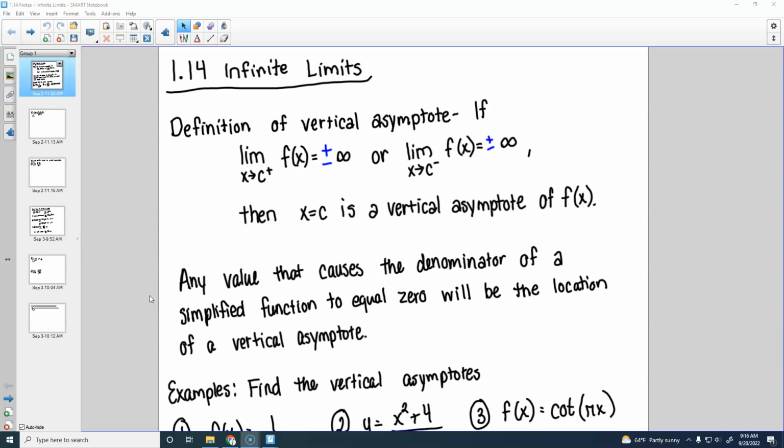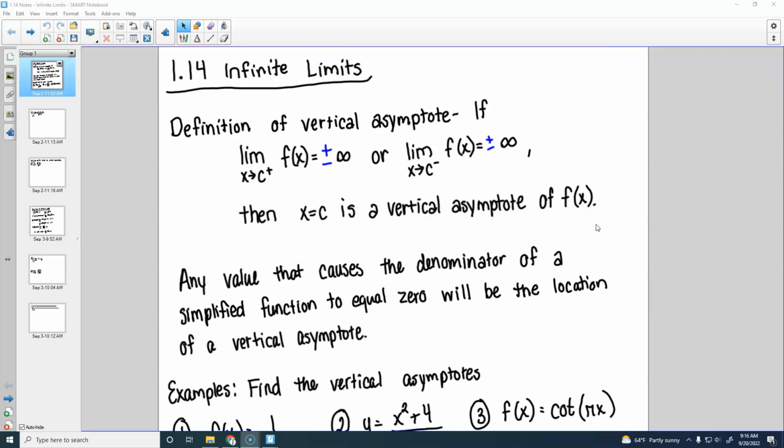So if you think about what's happening here, if as you approach a value you go up to infinity or down to negative infinity, you're looking at places where you have vertical asymptotes. So the definition of a vertical asymptote is that if the limit as x approaches c from the right of f of x equals positive or negative infinity, or the limit as x approaches c from the left of f of x equals positive or negative infinity, then x equals c is a vertical asymptote of f of x.